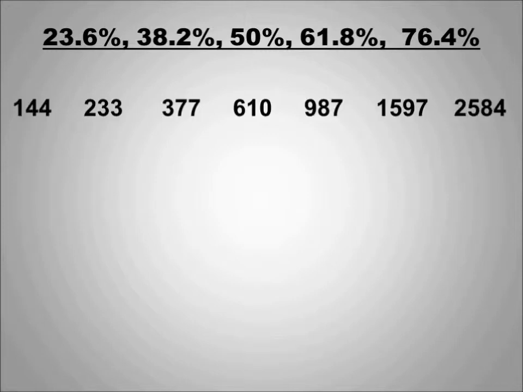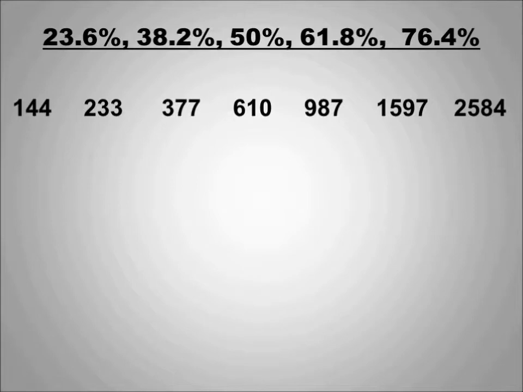The 61.8% was our fourth line of support, and our 76.4% line was our fifth line of support. Now, in a downtrend, the 23.6% line would be our first line of resistance, then second, third, fourth, and fifth. These are the same numbers that we saw in the previous pattern.